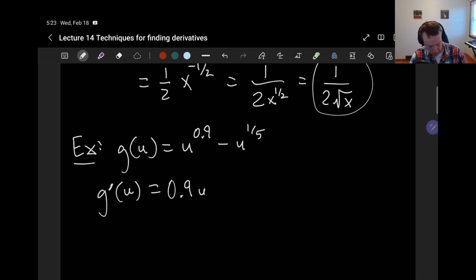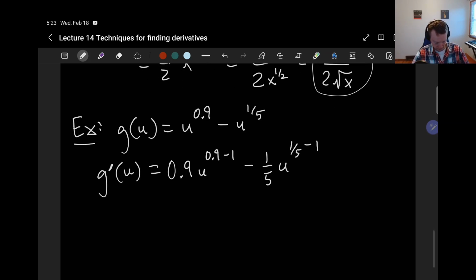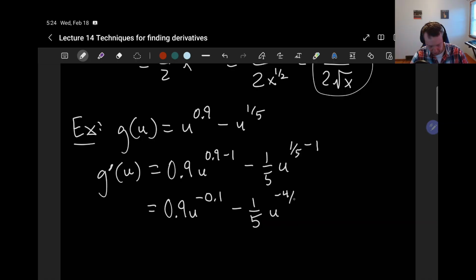0.9 comes down, u to the 0.9 minus 1, minus 1/5 u to the 1/5 minus 1. So that is 0.9 u to the minus 0.1 minus 1/5 u to the negative 4/5.